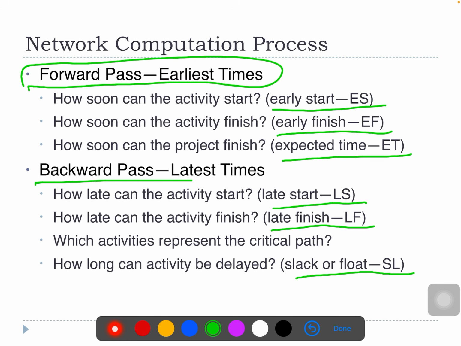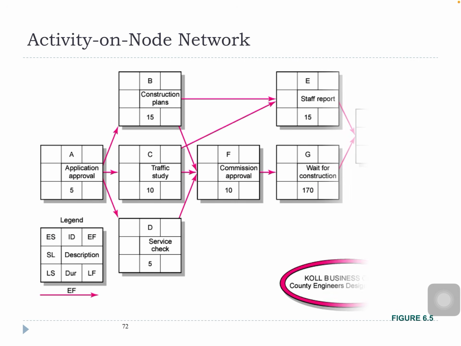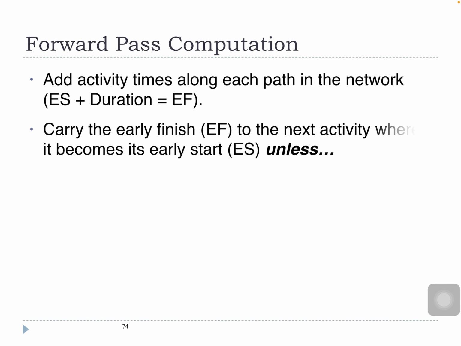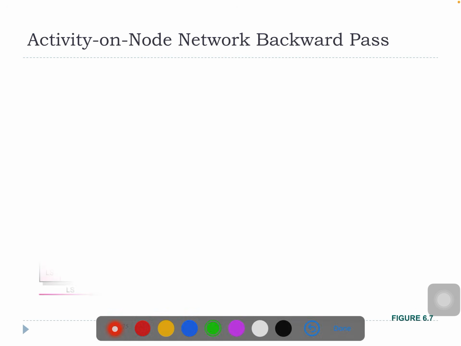If you want to find the latest time, you use a backward pass. With the backward pass, you use late start, late finish, and the slack time. With the forward pass, the times you need to consider are early start, early finish, and expected time. This is how you find it.